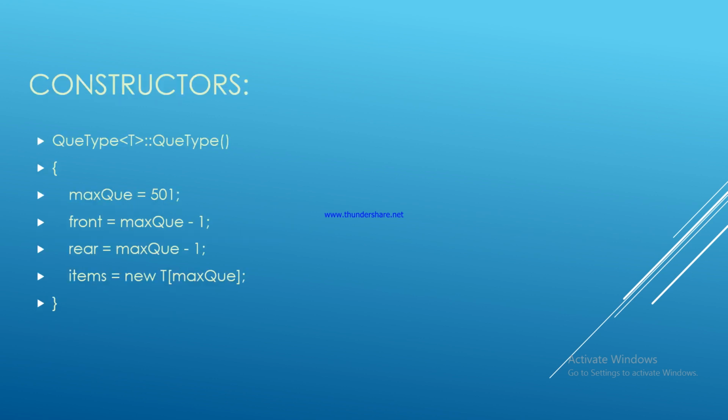Here we can see the constructors. We have defined the max size of the array as 501. The front we have defined as maxQ minus 1 and the rear we have defined as maxQ minus 1. The items here use the class template.